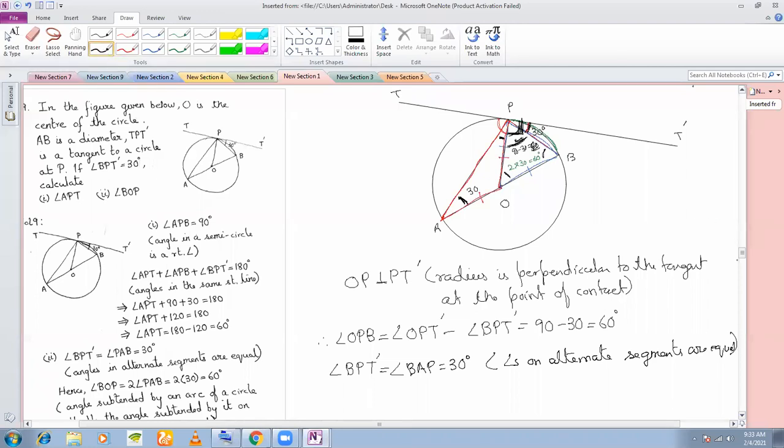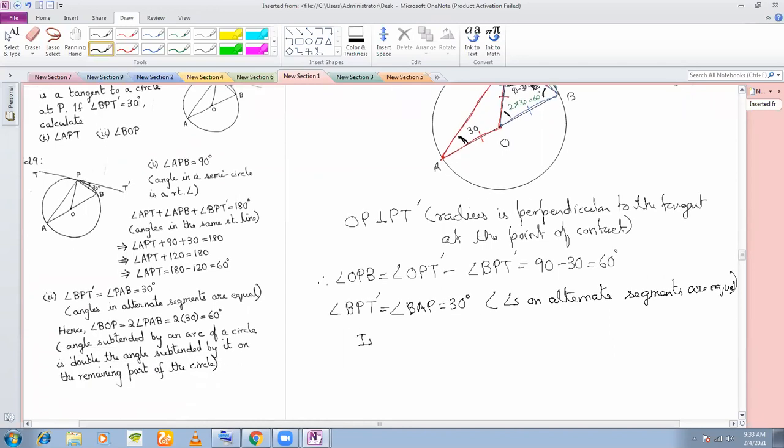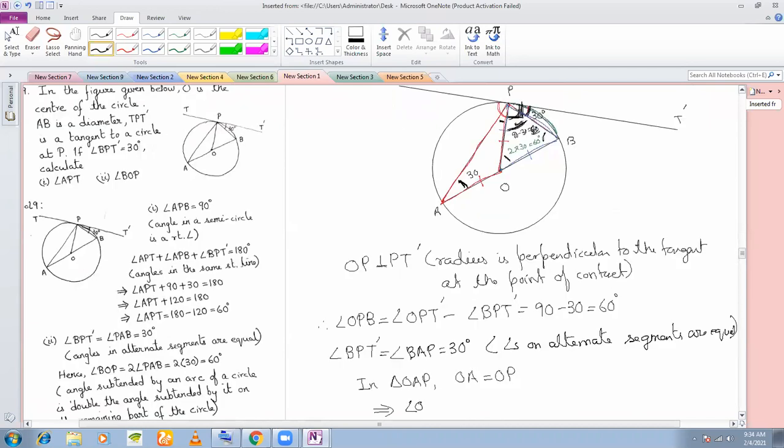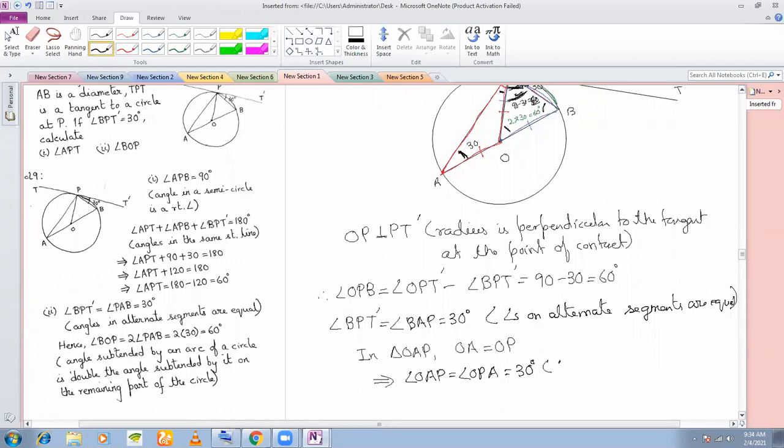So we first write, in triangle OAP, OA is equal to OP, which implies angle OAP is equal to angle OPA is equal to 30 degrees, because in an isosceles triangle, angles opposite to equal sides are equal.